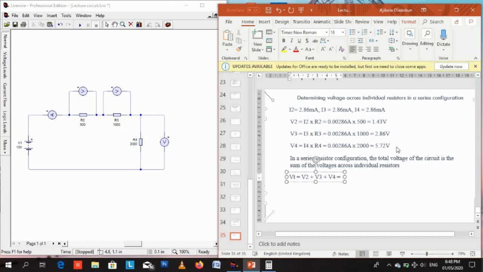That gives us V2, which is 1.43 volts, plus V3, which is 2.86 volts, plus V4, which is 5.72 volts. So that's VT, the total voltage.